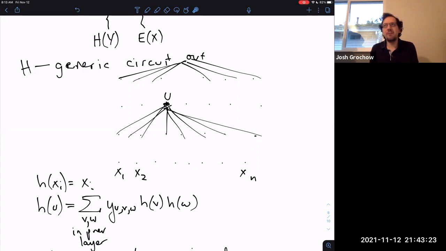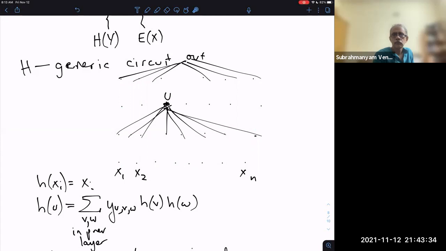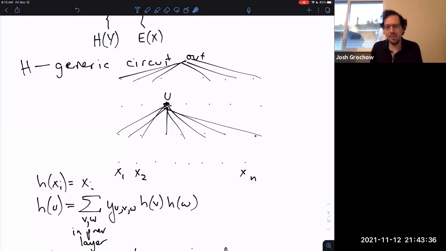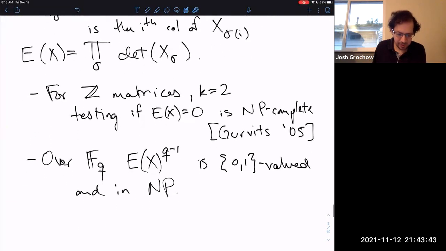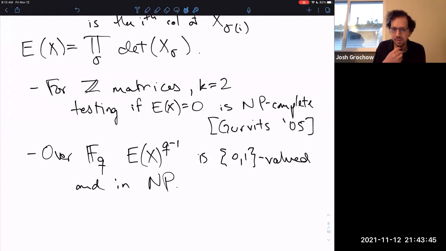I feel as though this is in some sense the simplest polynomial with these symmetries. So this gets back to what I said before: there may be some cases where the definition of characterization by symmetries doesn't quite apply, but almost applies. This is one of them. E of X is really characterized by its symmetries, which is maybe not too surprising because of this determinant here. So there's something highly symmetric happening.